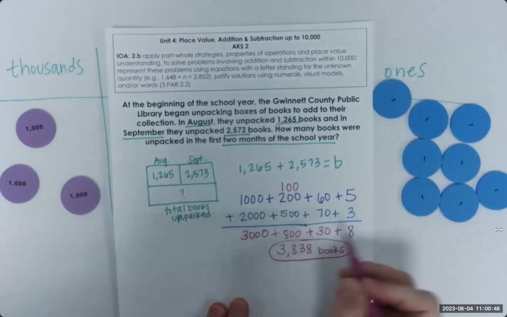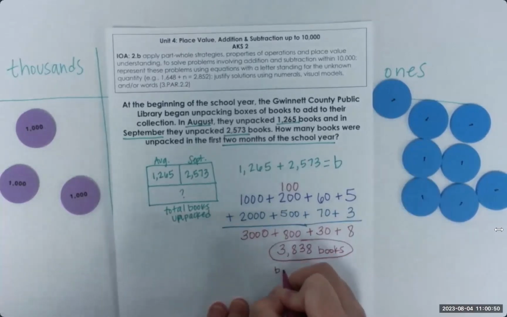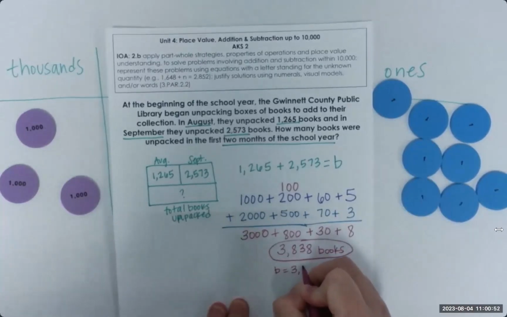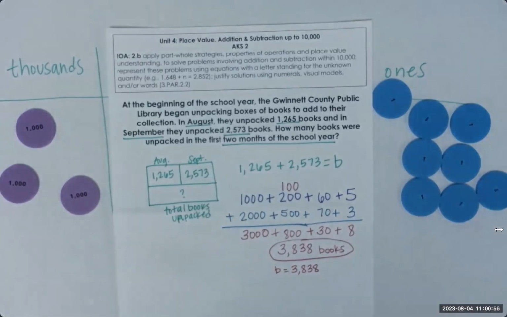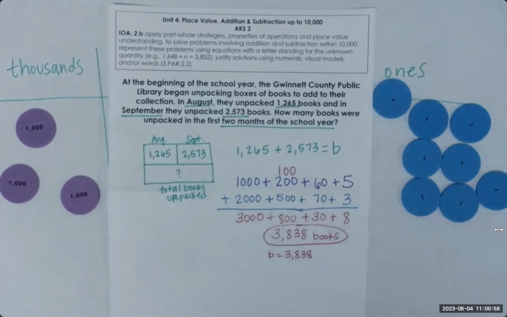So my value of my B is 3,838 books. So that is how I can solve adding using place value discs and matching that with the expanded form equation.